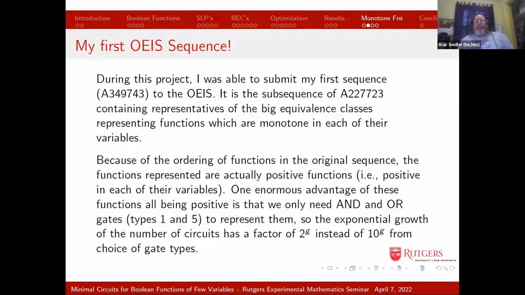I don't need to worry about negation. You never really need to worry about XOR gates in a monotone function, but the fact that I only needed 2 gate types was nice because it dropped the exponential growth of the number of circuits. Now I'm dealing with 2 to the G's instead of 10 to the G's, which from a theoretical perspective is not that interesting, but from a practical perspective, it's great.